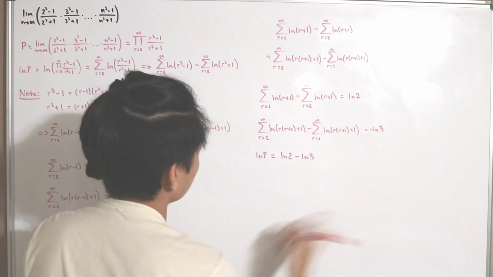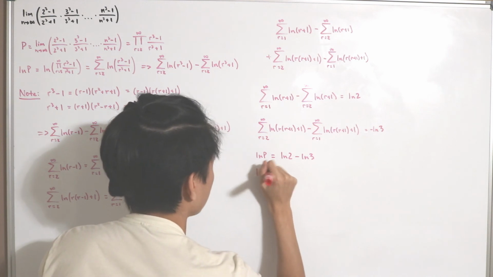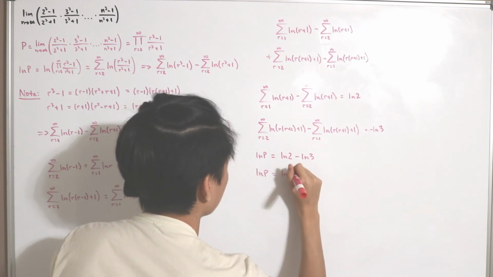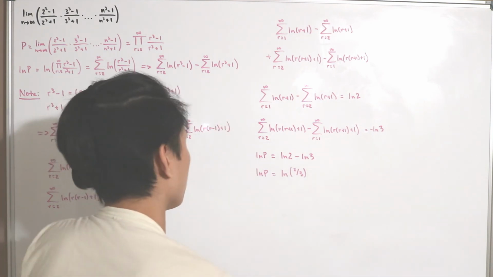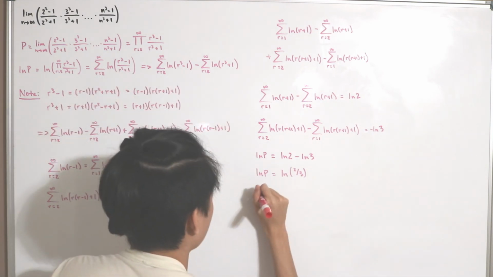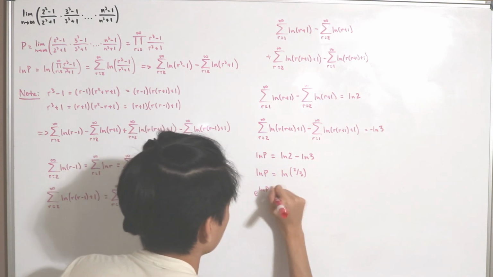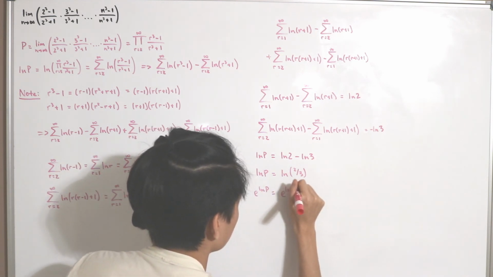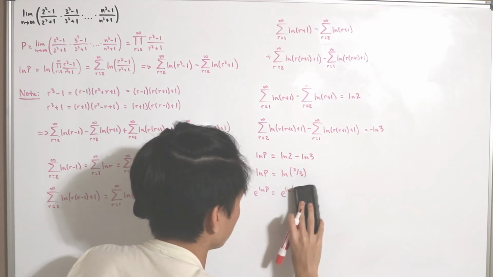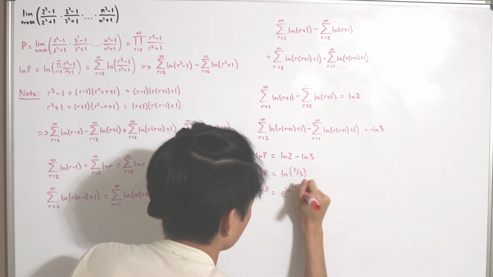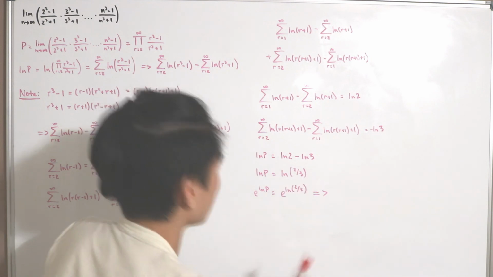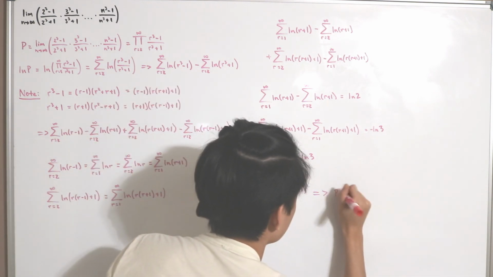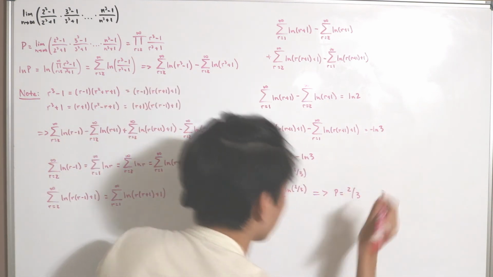Now we can use natural logs again, so ln of p is equal to ln of 2 divided by 3, and then we can take base e to both sides, so e to the ln of p equals e to the ln of 2 over 3. The e and natural log cancel out, so therefore p is equal to 2 over 3.